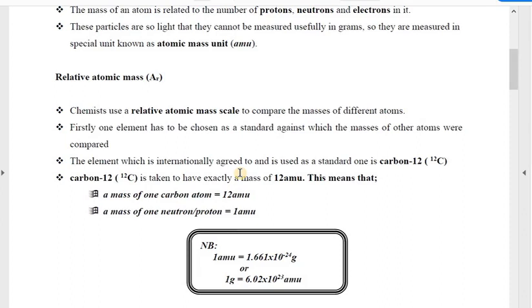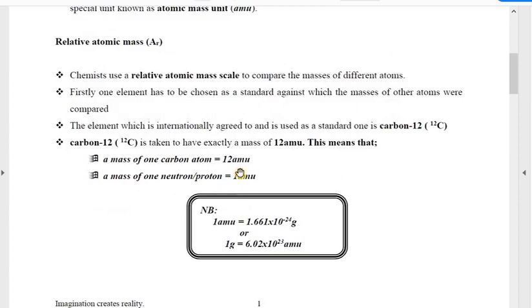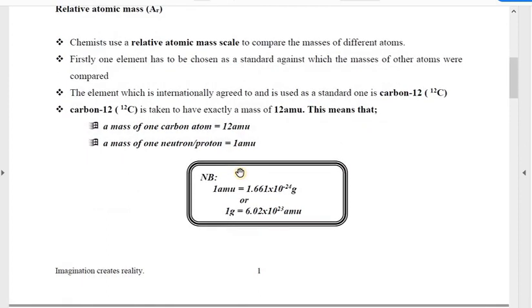The mass of whatever we're measuring is relative to a standard that we have set. And the standard atom that we use when we're talking about relative atomic mass is the carbon atom, which has a mass of carbon 12 atomic mass units, right?